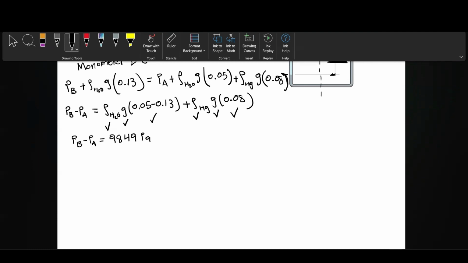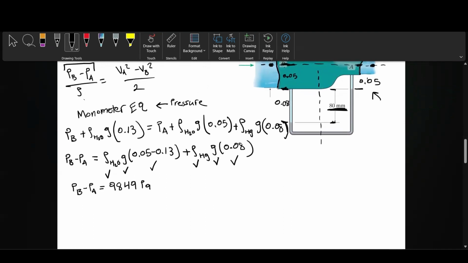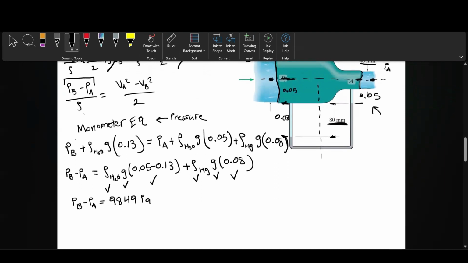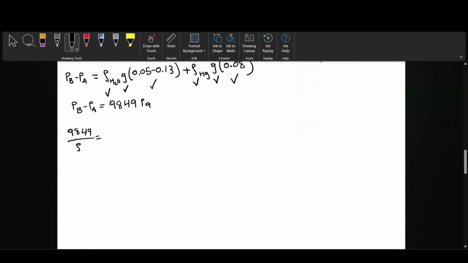So now we know the pressure difference, right? We can put this back into this equation up here. So we can say PB minus PA is 9,849 over rho equals VA squared minus VB squared over 2.